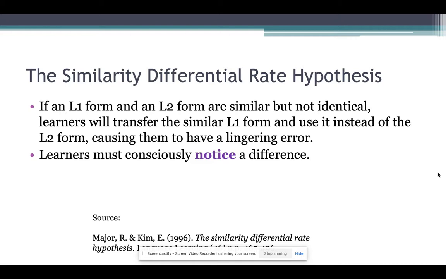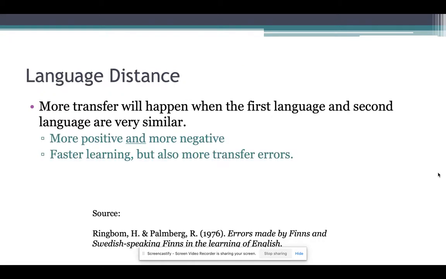Another contemporary theory on L1 transfer is the theory of language distance. This theory is very similar to the similarity differential rate hypothesis. Language distance theory proposes that much more transfer will happen when the first language and the second language are very similar.